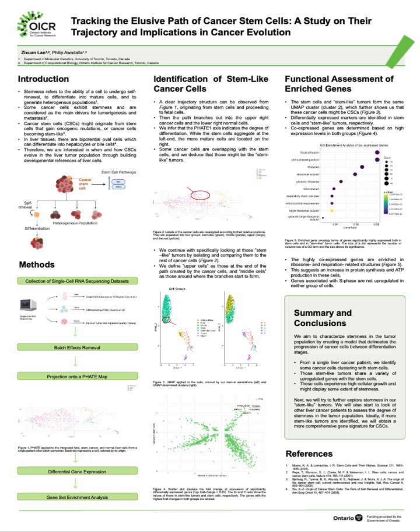Tracking the elusive paths of cancer stem cells, a study on their trajectory and implications in cancer evolution. Stemness refers to the ability of a cell to undergo unlimited self-renewal, to differentiate into mature cells, and to generate heterogeneous populations. Some cancer cells display stemness and are considered the main drivers of tumorigenesis and metastasis.